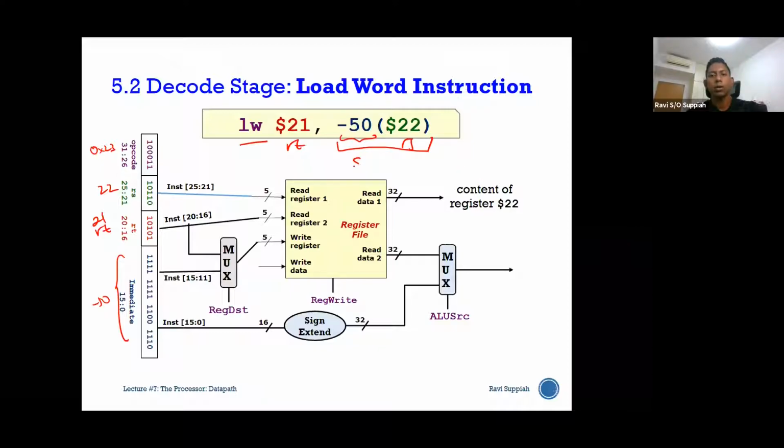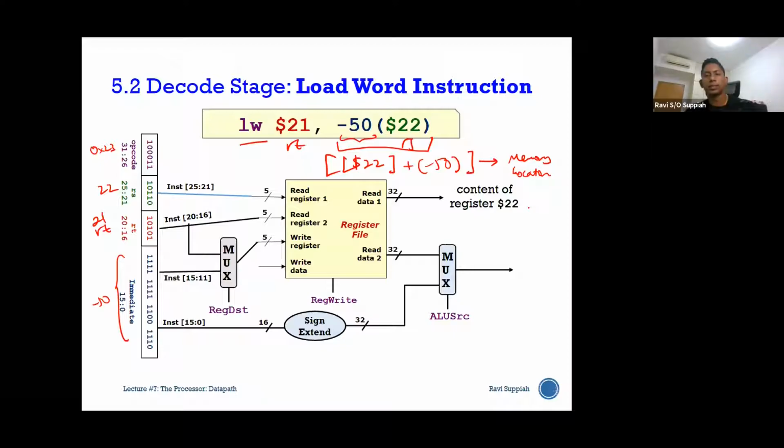I take the content in register 22, add the immediate, which is negative 50, and this whole thing is pointing to the memory location. Correct?